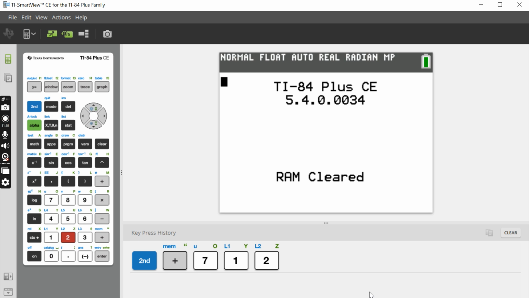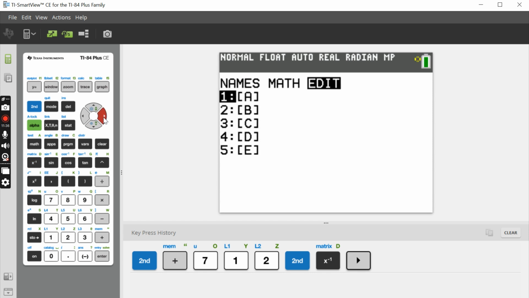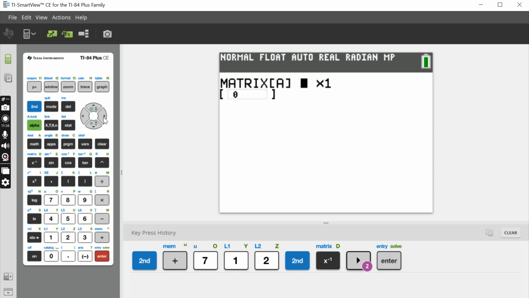So if I pull up my calculator, I just went ahead and cleared the RAM on it. So I want this one that says matrix that's in blue. So I'm going to hit second matrix. If you look down at the bottom here, it's going to tell you what buttons I was pushing. I'm going to arrow over to this edit one. So edit, and then I'm going to hit enter.